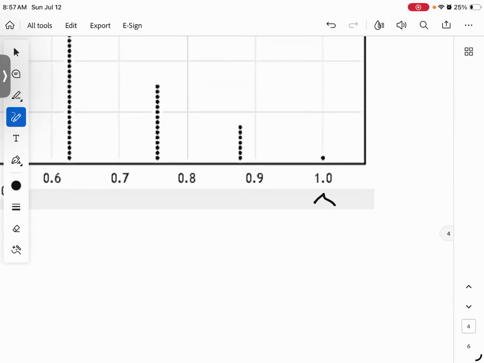And we're going to put our little arrow right here because that was the observed statistic. To calculate the p-value, you count how many dots are that extreme or more. This is pretty straightforward. There's only one dot there. There's nothing over here to the right to count. It's just the one dot.